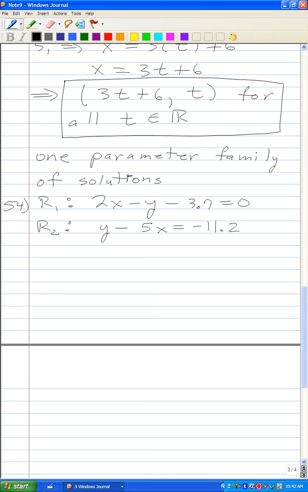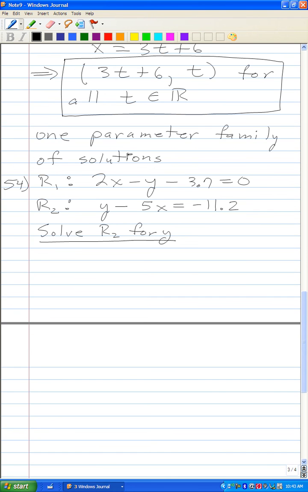So I can solve either of the equations for either variable. But in this case, the easiest one would be to solve the second equation for the variable y, because there's a positive 1 as a coefficient of y. So let's use R2 to solve for y.